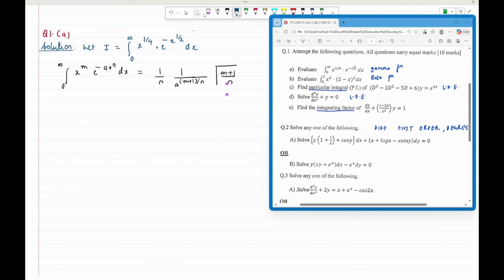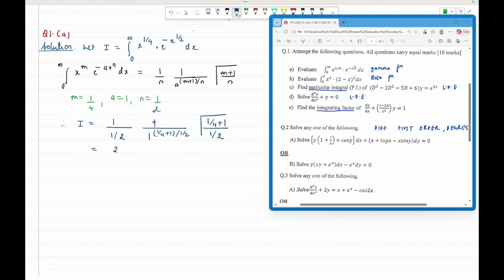So applying this, we can see that the value of m is 1 by 4 in this case, the value of a is 1, and the value of n is half. So if we apply this result, we get that I is equal to 1 over n, that's half, into 1 over a, that's 1 raised to m plus 1, 1 by 4 plus 1, divided by half, which is n. And over here we will be getting gamma of m plus 1 over n again, so that's 1 by 4 plus 1 divided by n, that is half.